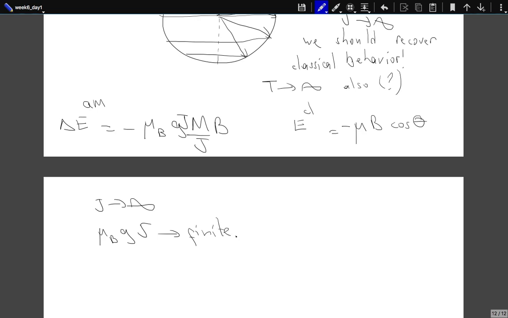This is what I would, in this limit, and in fact I will identify it with mu in the classical limit. So this is the limit that I will be evaluating.